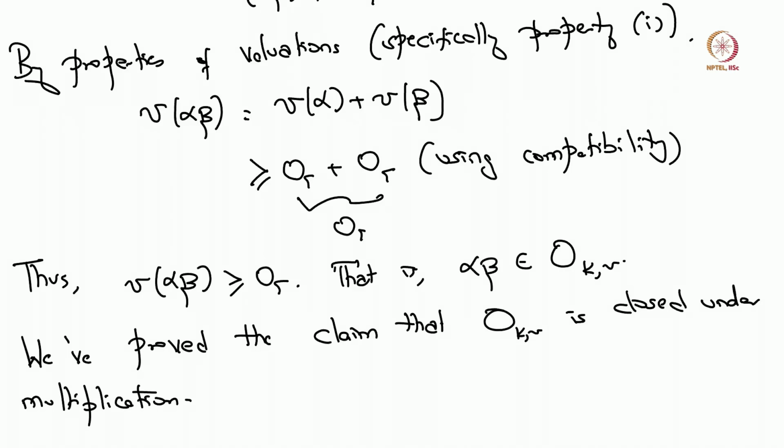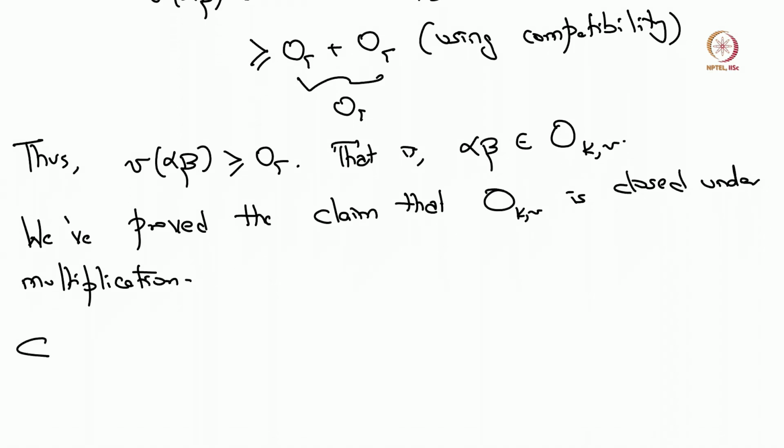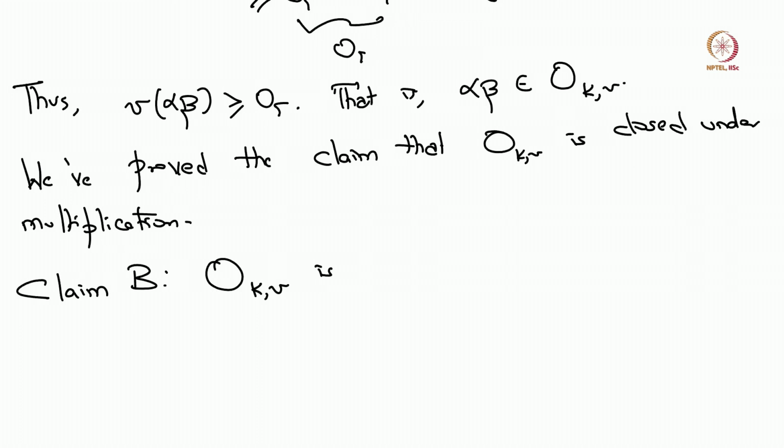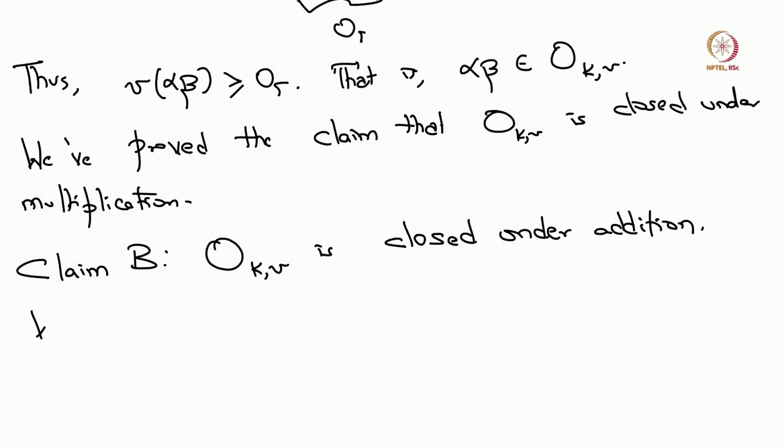Okay. So the next claim is that OKV is closed under addition. Again, why? Now suppose you take two elements alpha and beta in OKV.